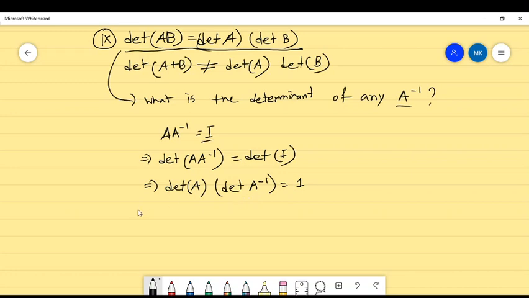So the determinant of the inverse matrix is 1 over the determinant of the initial matrix A.